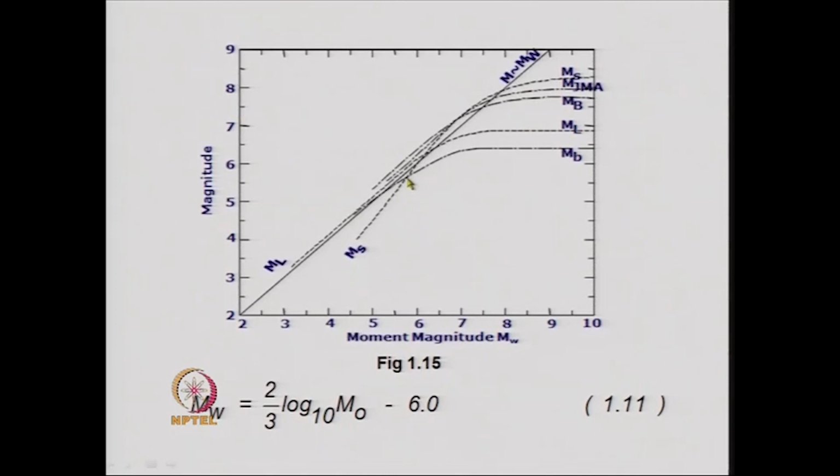After a magnitude of 6 as MW, there is a lot of difference between MB, ML, MS, etc. and differs significantly from that of MW.